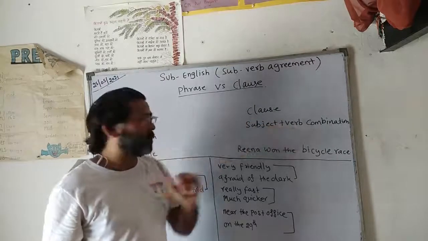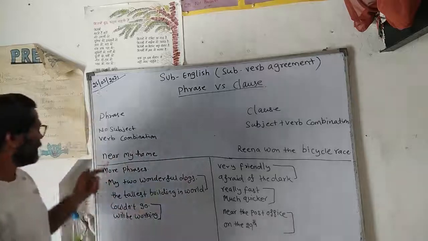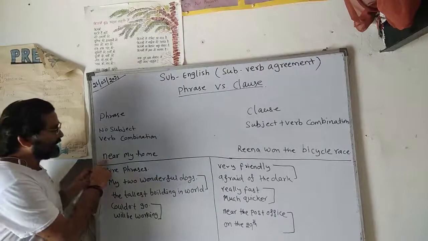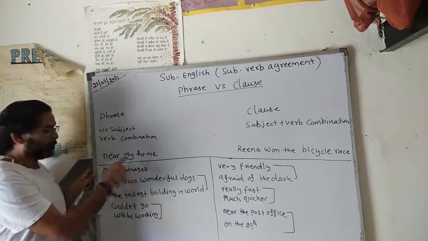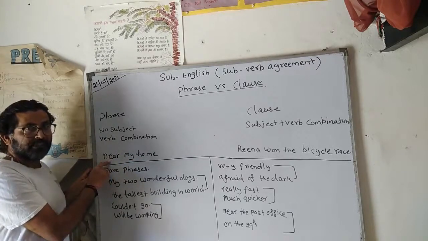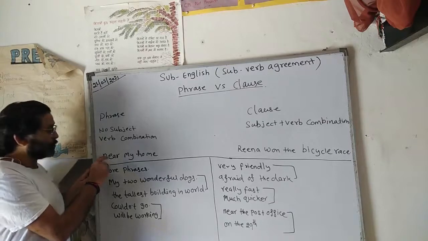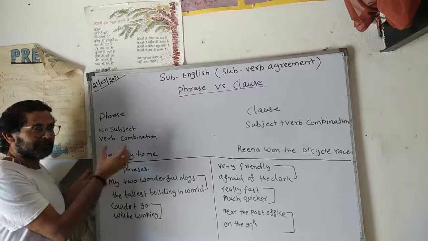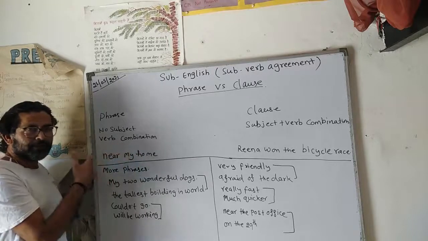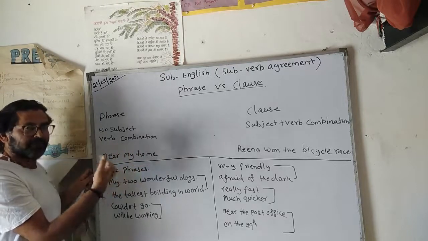For example, near my home. Here we don't see any verb or any subject. So this is what a phrase is, and it always comes between the verb and the subject.